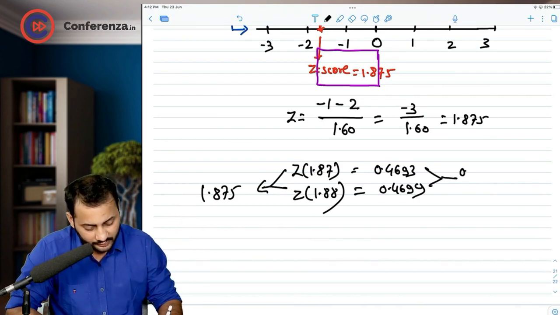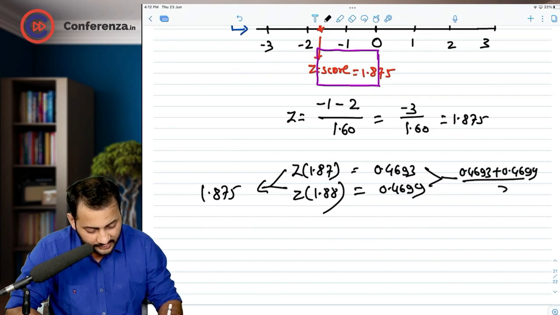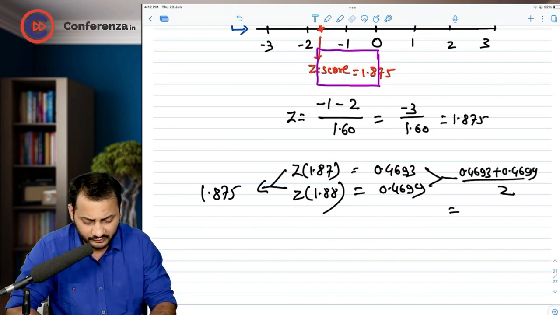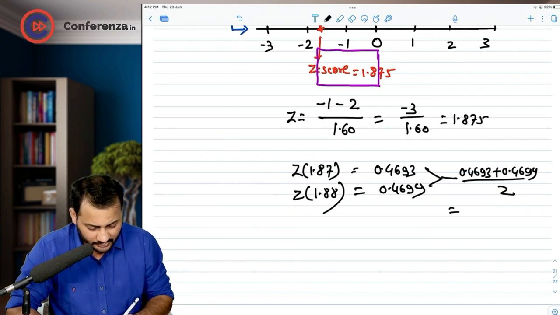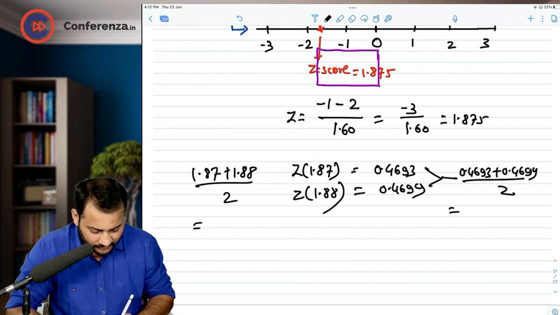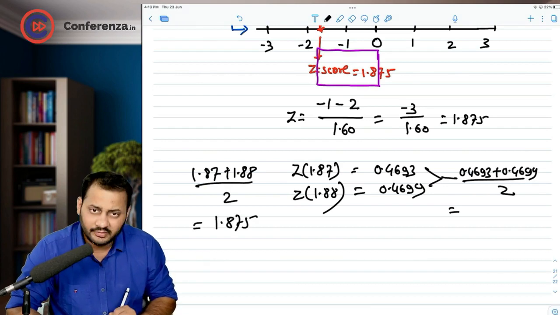So what we are going to do is 0.4693 plus 0.4699 divided by 2. We are just calculating the average of these two. In a similar manner, we calculate the average of 1.87 plus 1.88 divided by 2, which gives you 1.875.